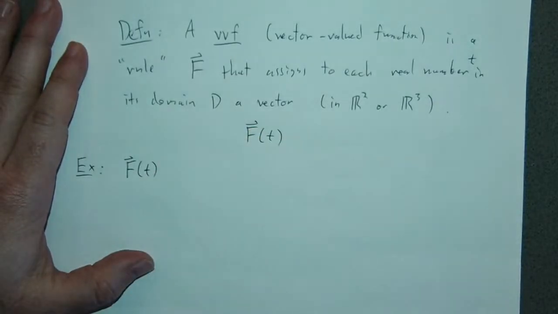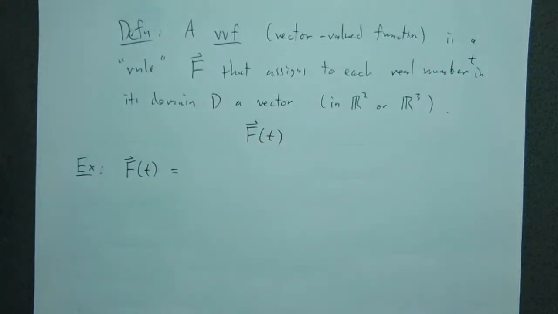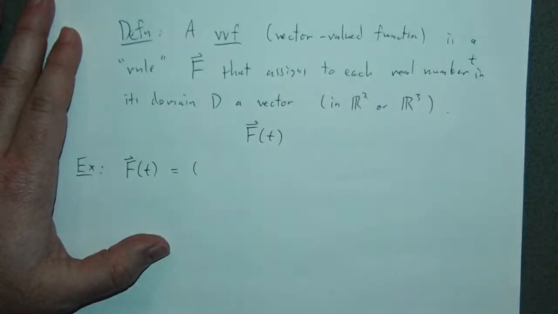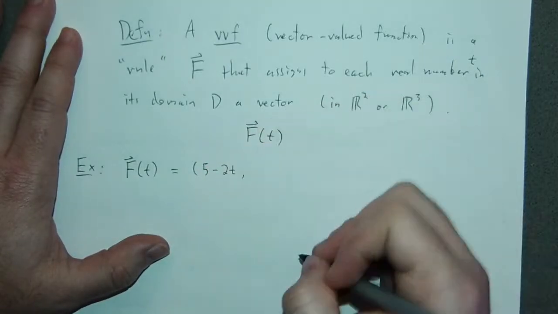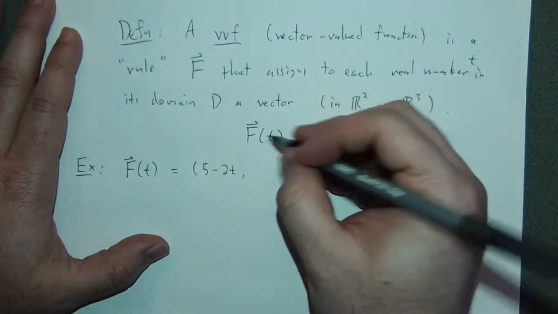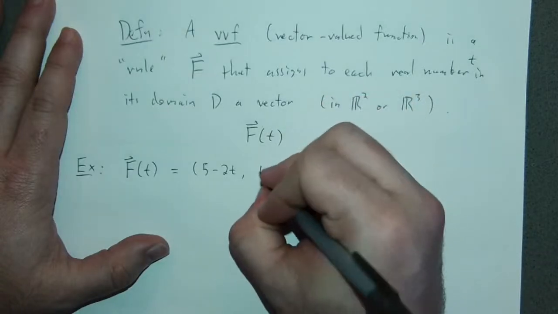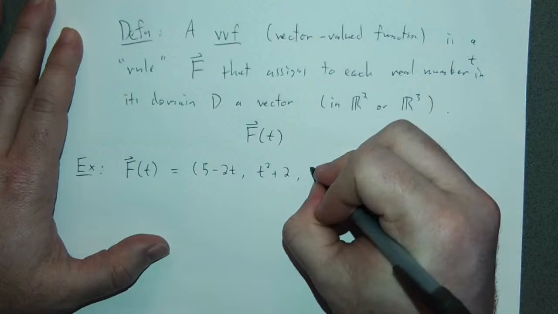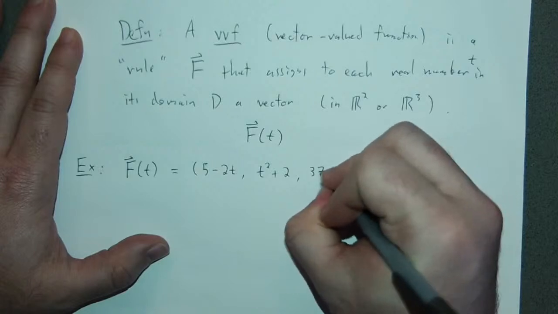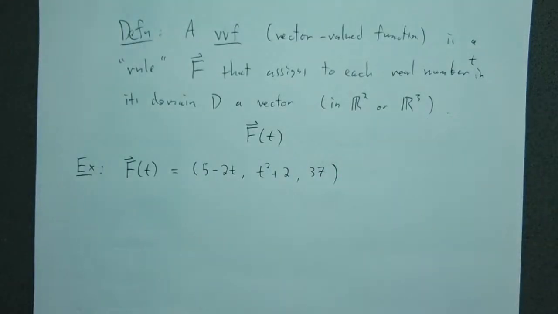So consider the vector valued function that looks like this. Let's say f of t is a vector valued function defined in this way.